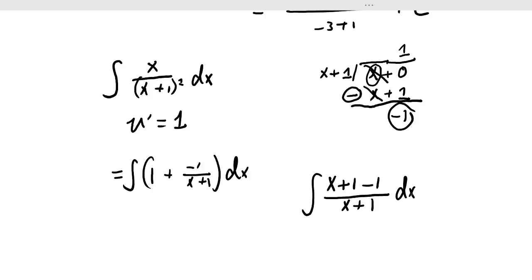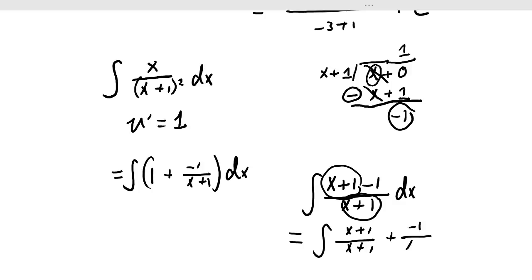So after I plus and minus 1, basically I create x plus 1 by myself. So now we are able to reduce. So I'm going to have two fractions come out. The first one is x plus 1 on the top. The next one is -1 on the top. So x plus 1 over x plus 1 is 1. So 1 plus -1 over x plus 1 dx.